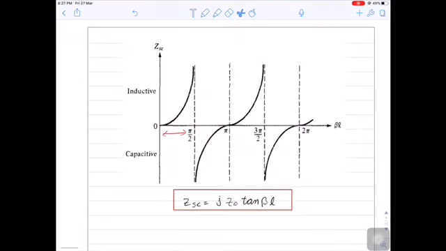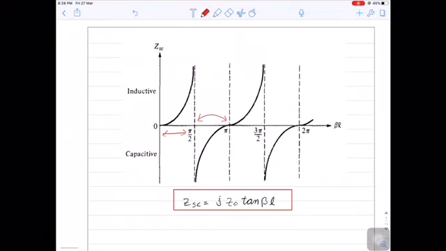If you try to draw a graph for short circuit impedance ZSC equal to j into ZO tan beta L, then as the value of beta L increases from 0 to pi by 2, its value is positive, whereas from pi by 2 to pi, the ZSC value will become negative.